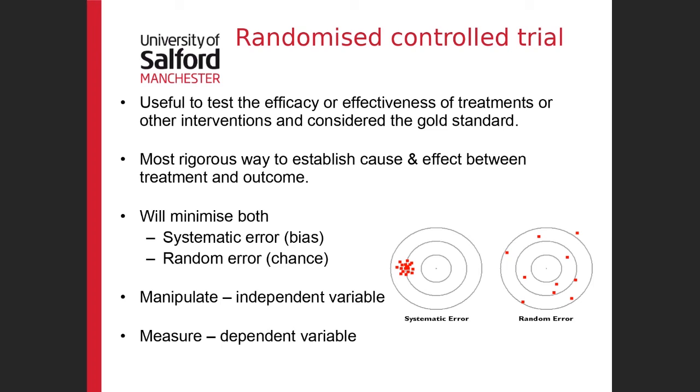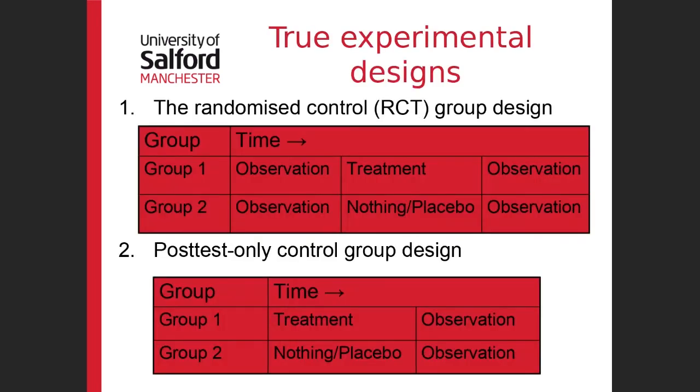And just remember that we measure the dependent variable, but that we manipulate the independent variable. So the best way to remember that is you think about the dependent variable being the one that depends on what you do, and the independent one is the one that you change.